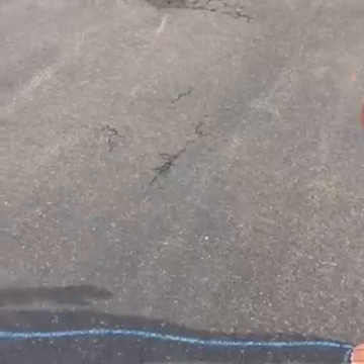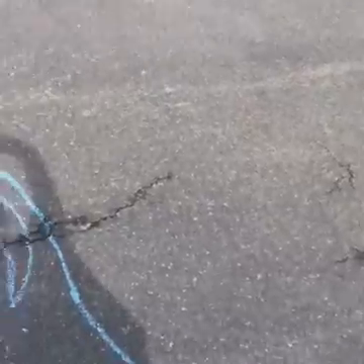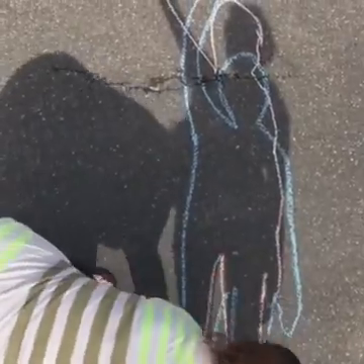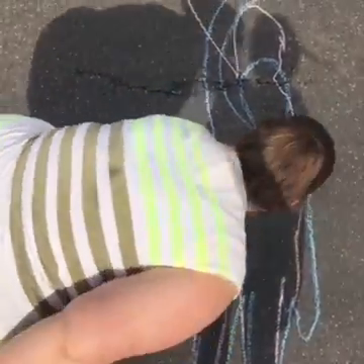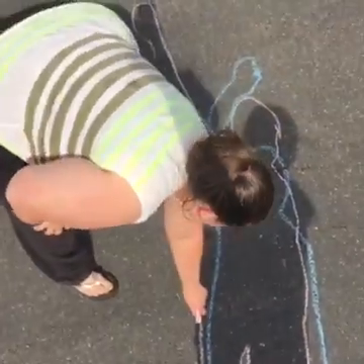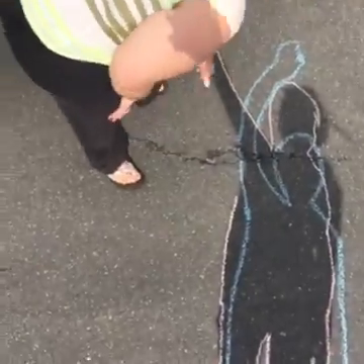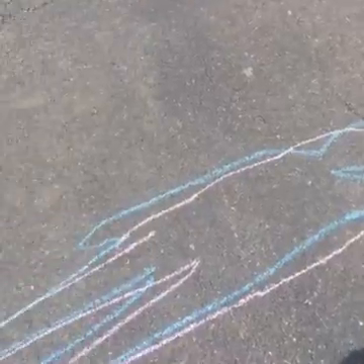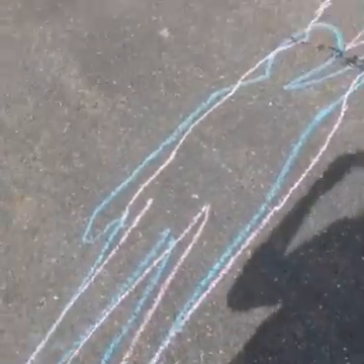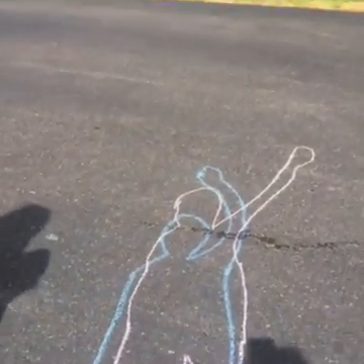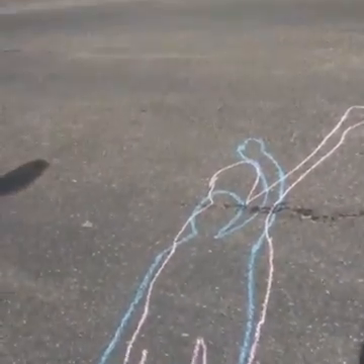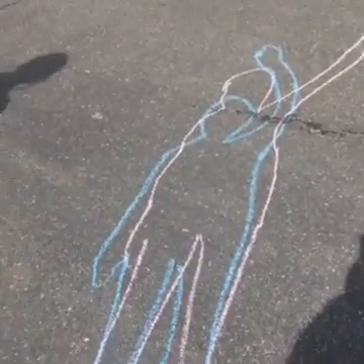So we're going to draw the new shadow. As you can see, the shadow definitely moved. The blue is the original shadow, and the pink is the new shadow.